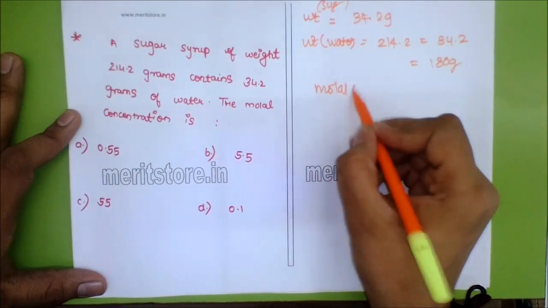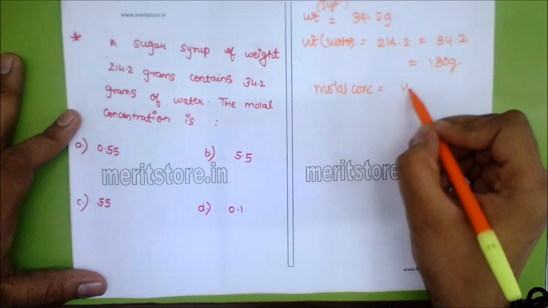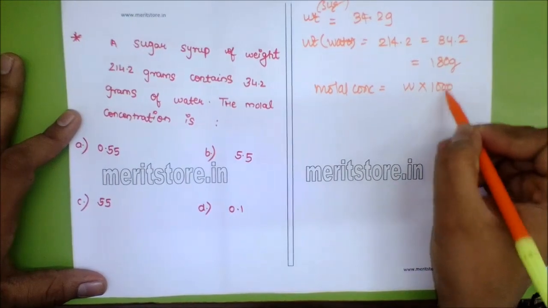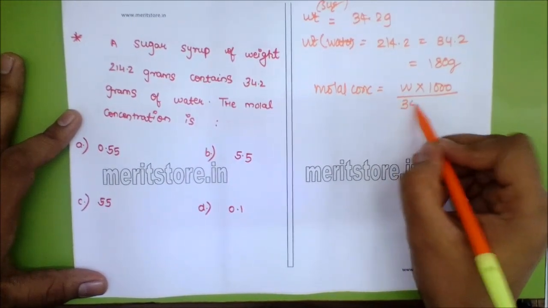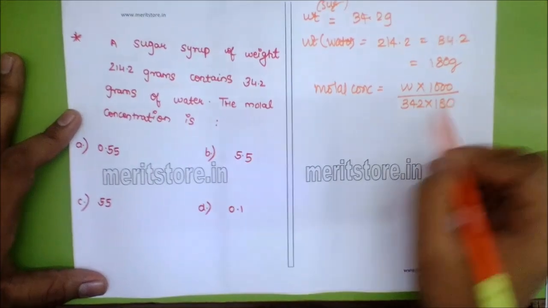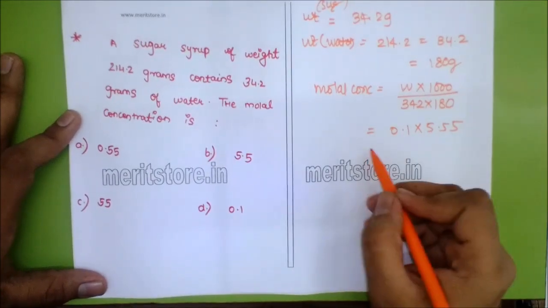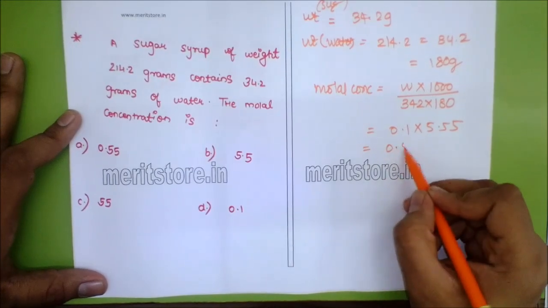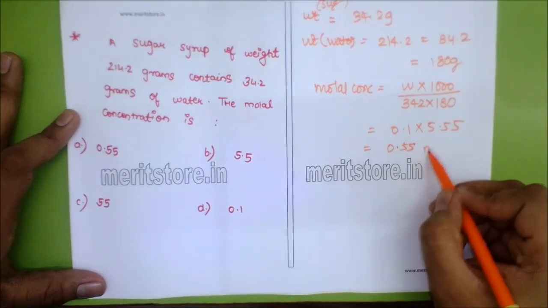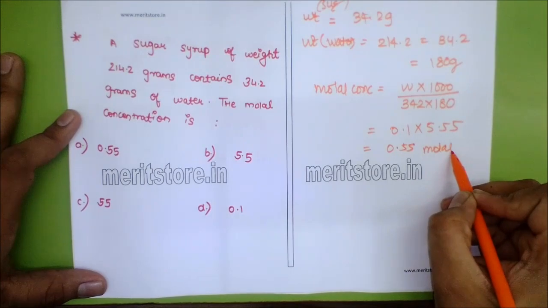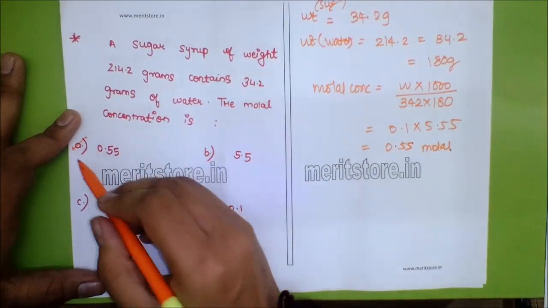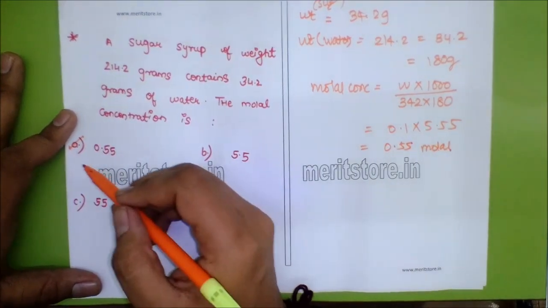Molar concentration is equal to weight into 1000 upon 342 into 180, which is 0.1 into 5.55, which is equal to 0.55 molar. So option A, 0.55 molar, is the correct answer.